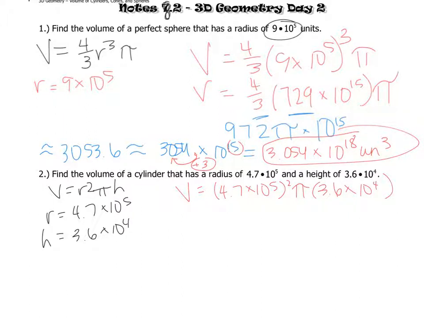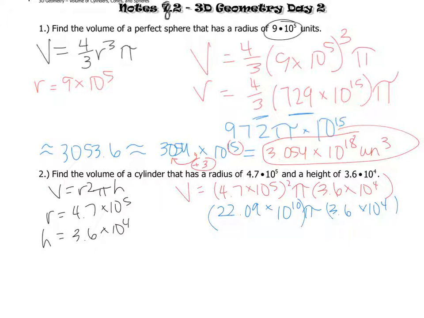We're going to first square 4.7, which is 22.09. And then we square 10 to the 5th, which becomes 10 to the 10th, times pi. And then we still have 3.6 times 10 to the 4th. So now we're going to multiply together our two scientific notations.